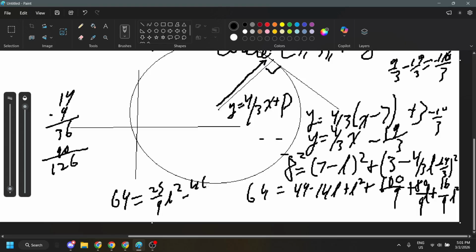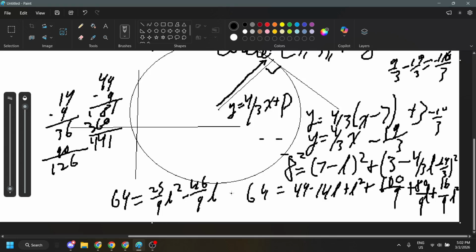So negative 46 ninths L. And then 49 ninths, which is 441, a multiple of 9 actually.